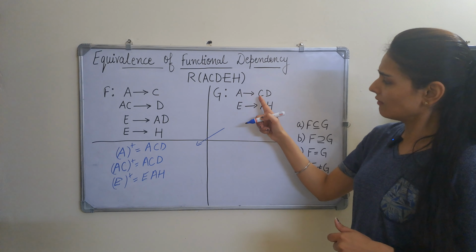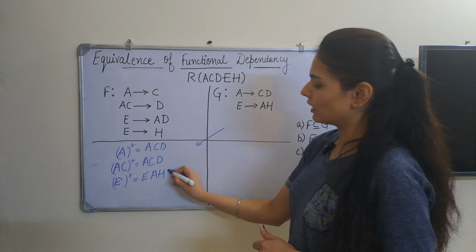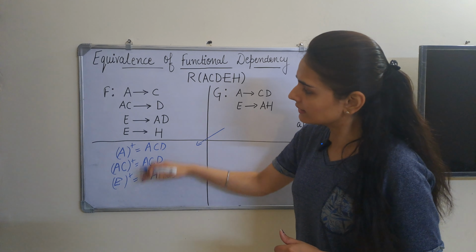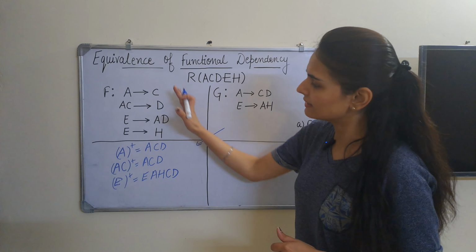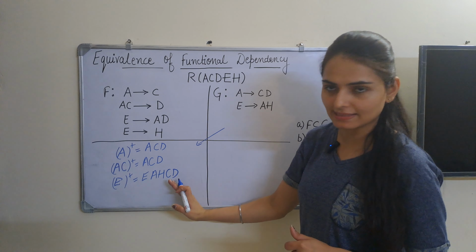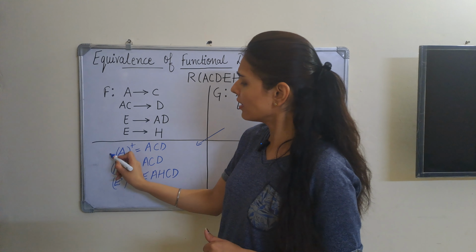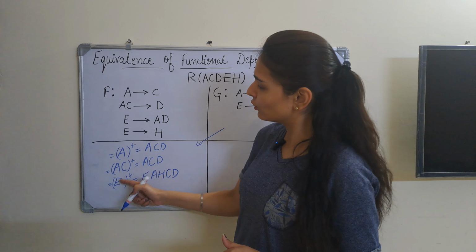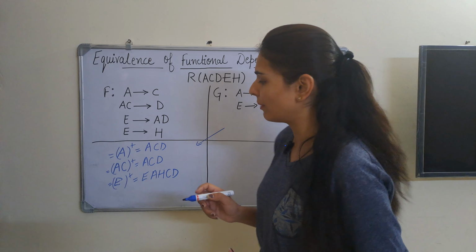And if we know A, we also know CD, so we can write CD over here. So now we can see both these sets of functional dependencies are at the same pace. Now we can find out the closure of these attributes using this set of functional dependencies.